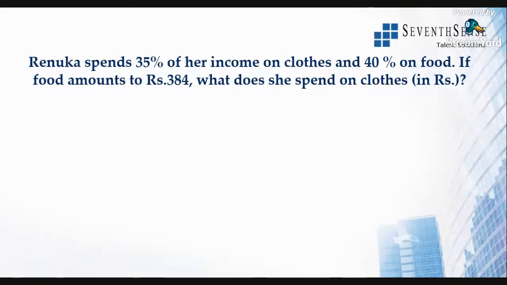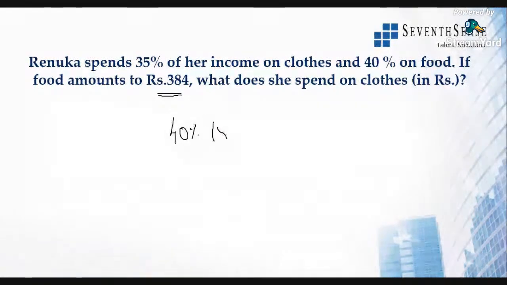They are just asking what amount she spends on clothes if she spends 40% on food. There is a simple shortcut trick for this. She's spending 384 rupees for food. That is 40% of her income.